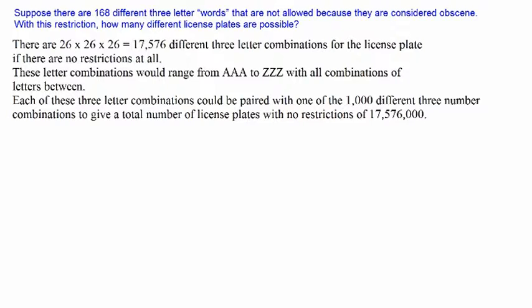Those letter combinations would range from AAA to ZZZ with all of the combinations of letters between. Each of those three-letter combinations could then be paired with one of the 1,000 different three-number combinations, giving us a total number of license plates with no restrictions of 17,576,000.